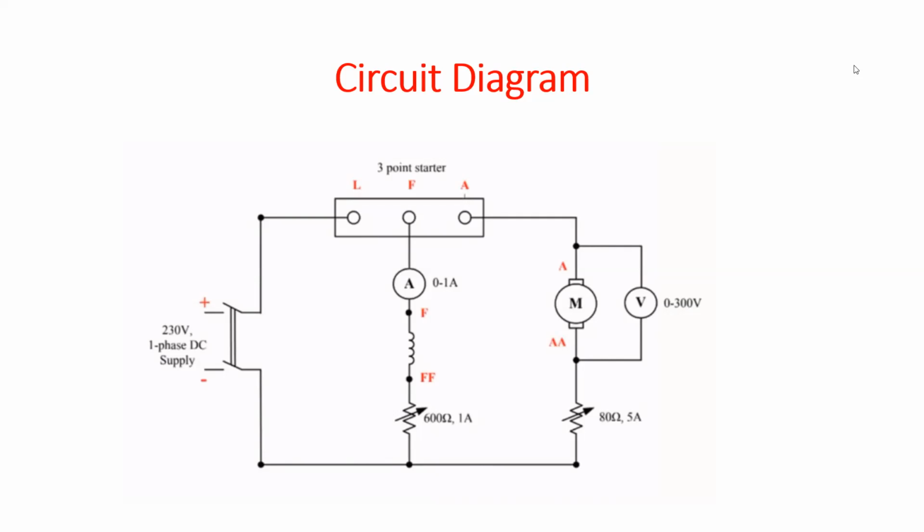Now if the field circuit fails, there will be an open circuit, so field current IF will become 0. As speed is inversely proportional to IF, what will be the speed?